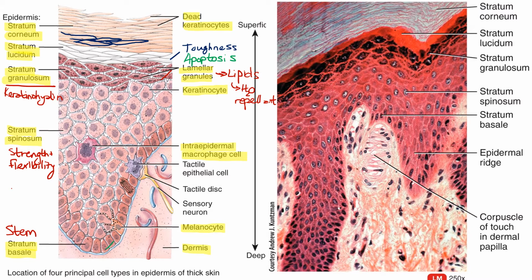So here on the right, we can also see those layers that we just went over. We have this stratum basale layer, that single layer of columnar cuboidal cells. We have that stratum spinosum layer, quite a thick layer, so it's going to be all this layer here. The stratum granulosum is going to be that darker layer here because of those lamellar granules.